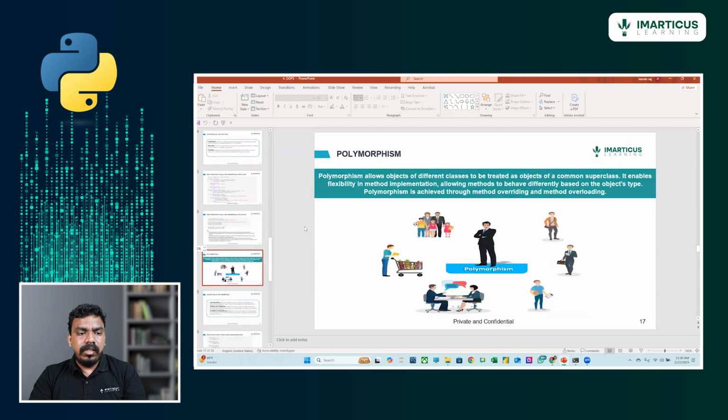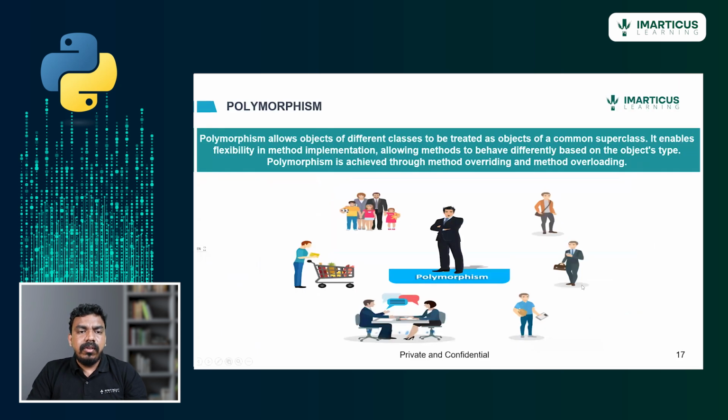So we'll move on to a detailed understanding of what is polymorphism. Polymorphism allows the object of different classes to be treated as an object of a common superclass. It enables flexibility in method implementation, allowing the methods to behave differently based on the object's type. Polymorphism is achieved through method overriding as well as method overloading.